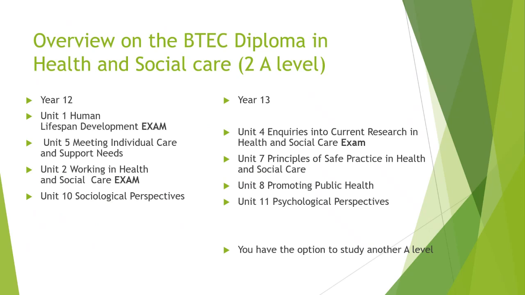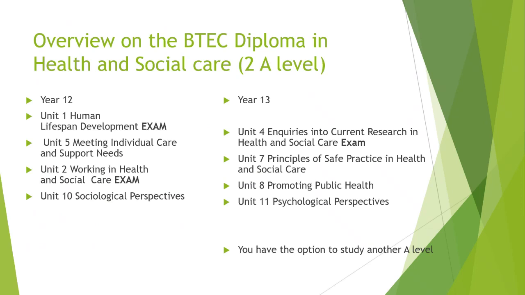This is an exam-based unit and it includes current issues and different types of research and data around health and social care. So students will have the opportunity to look at quantitative, qualitative data. They'll explore different issues and they'll also be able to make judgments around this research. So is it biased or not?